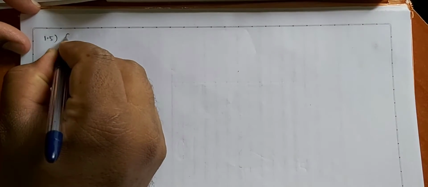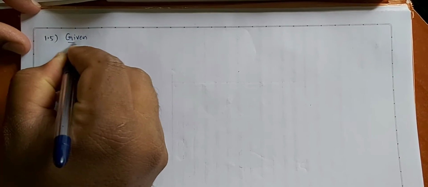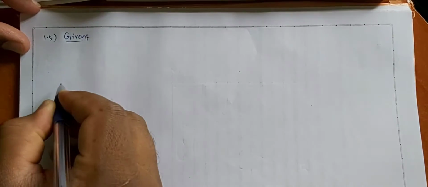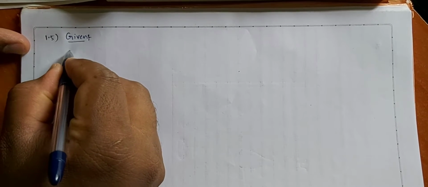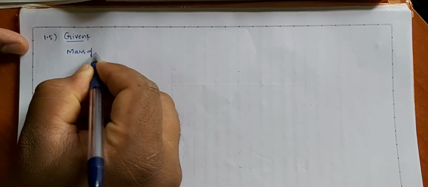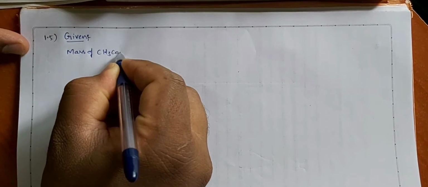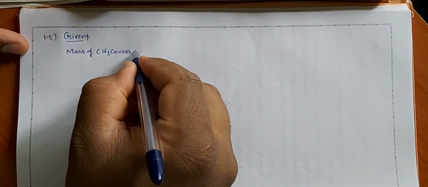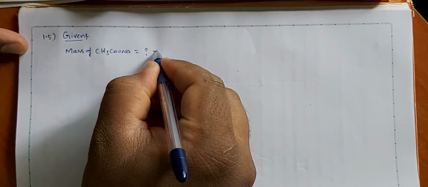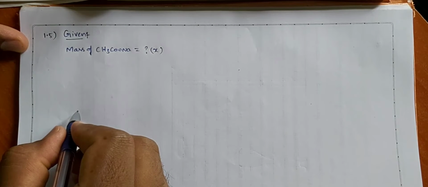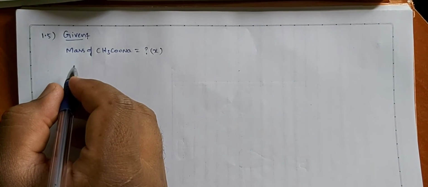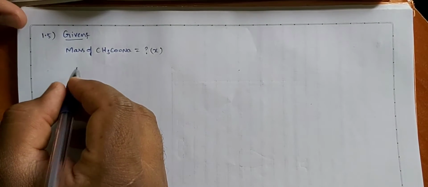The formula which is useful: before going to the formula, I am going to write the given data. Given, mass of CH3COONa is equal to question mark. Let it be X. We have to find the X value. That is unknown, and that one only we have to find.